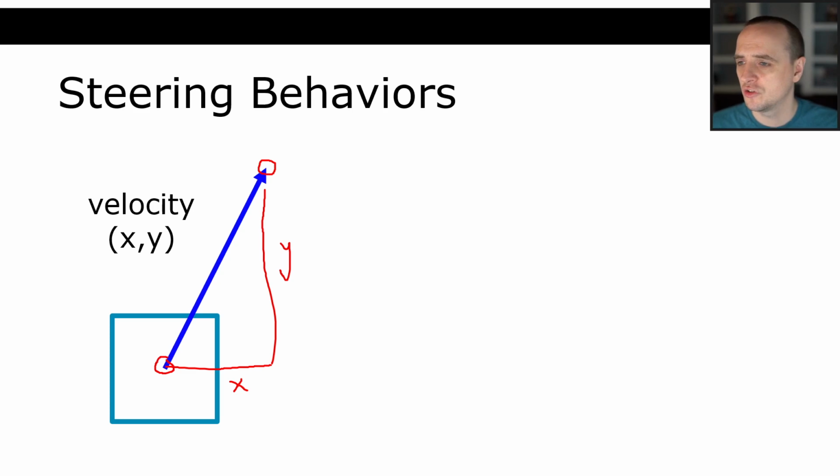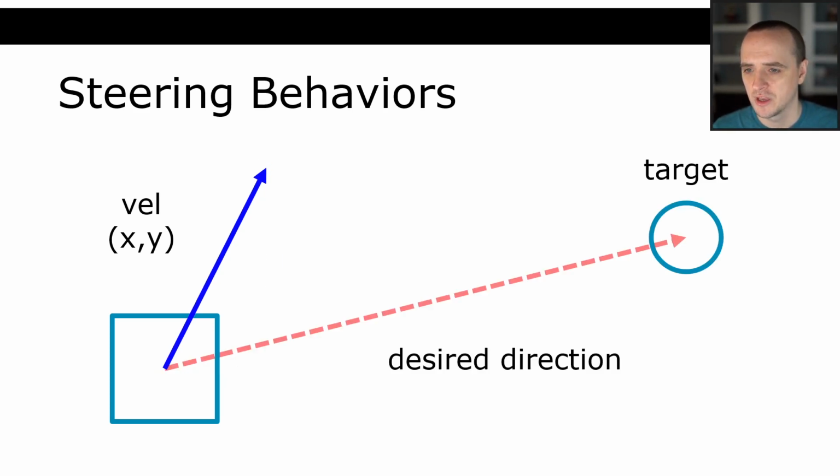Now, let's introduce a little more complexity. Our entity is currently heading in that direction, but something happens that makes it want to go in this direction toward a target. Maybe you're playing the snake game and the apple spawns and you want to go toward that. Or you're walking around in an MMO and a chest spawns and you want to go toward the chest.